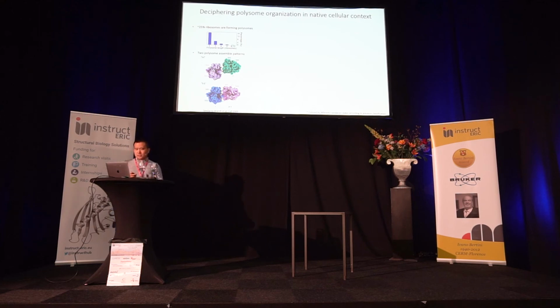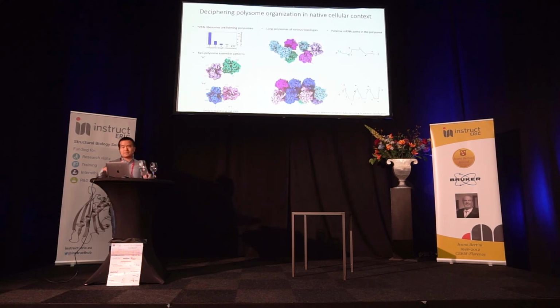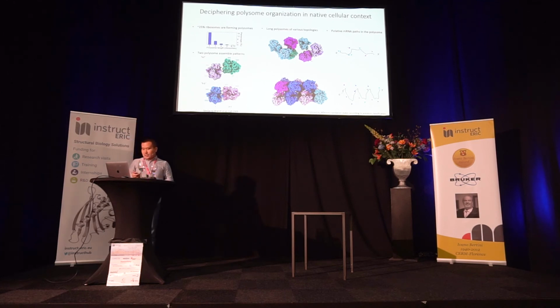Okay, so also for longer polysomes, we are able to determine the different topologies they formed, from these loosely packed, more variable configurations to this very packed, almost helix-like configuration. And here the different colors are from the different translation functional states based on the previous classification.